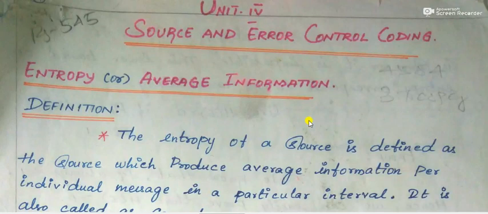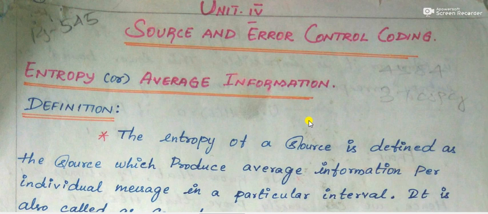We are going to see about Unit 4, Source and Error Control Coding. The digital data is transmitted to the receiver via a channel.